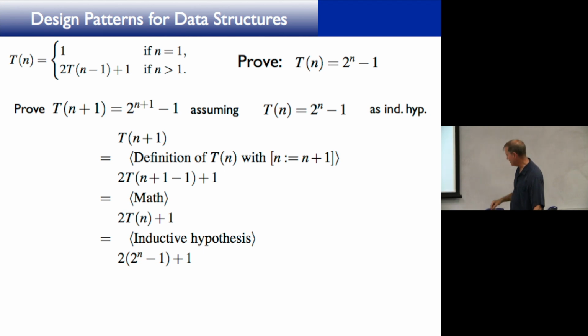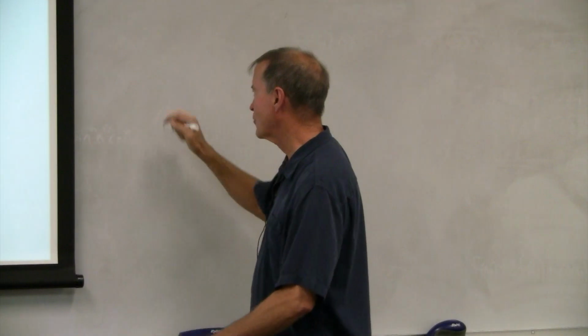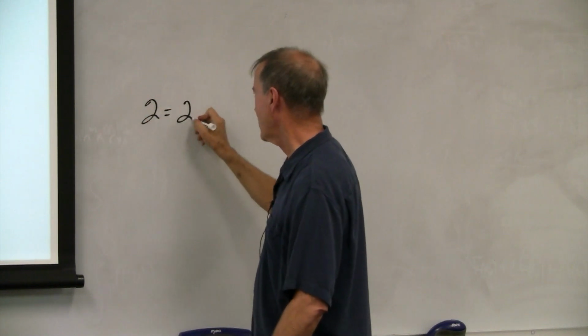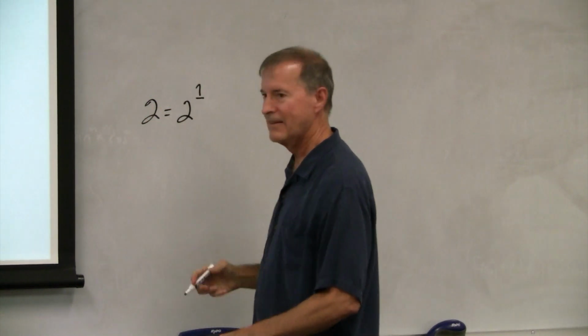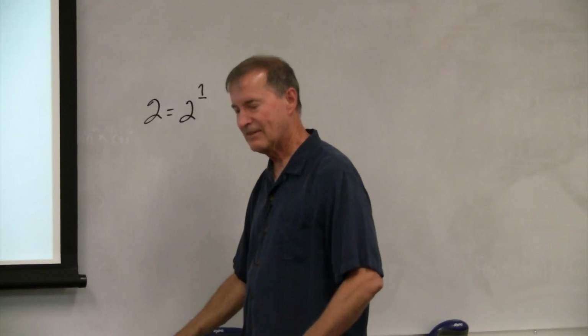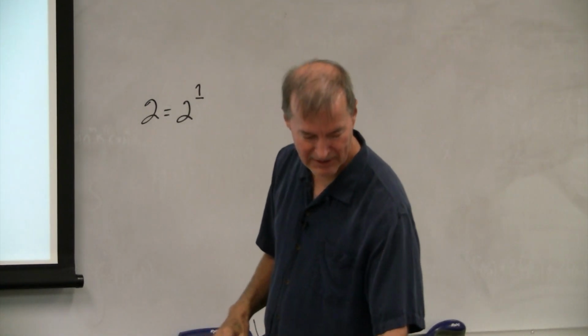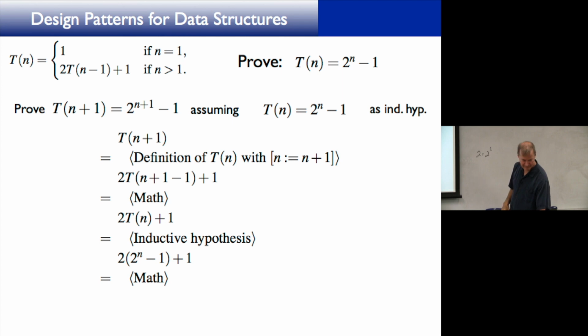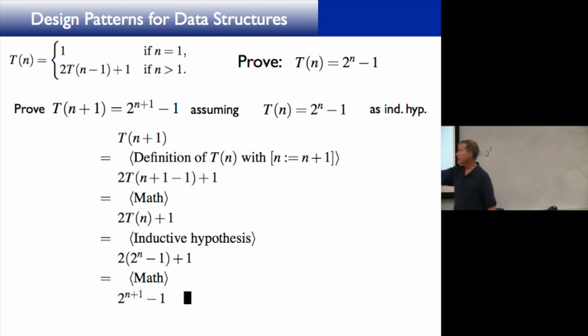No, just 2. 2 is the same thing as 2 to the 1. And then 2 to the 1 times 2 to the n is 2 to the n plus 1. So if we do some more math, what do we get? Minus 2, but then plus 1 is what? Minus 1, so boom. And look, that's what we were trying to prove.